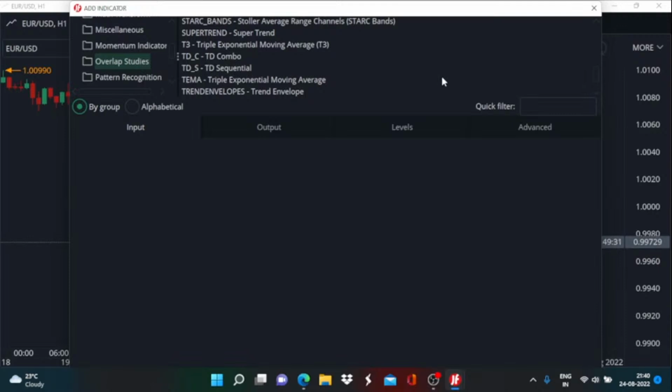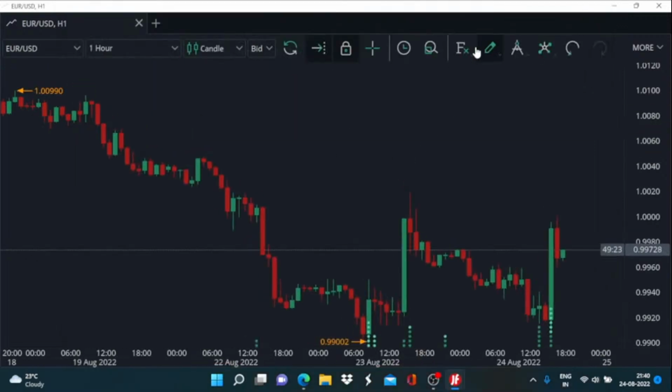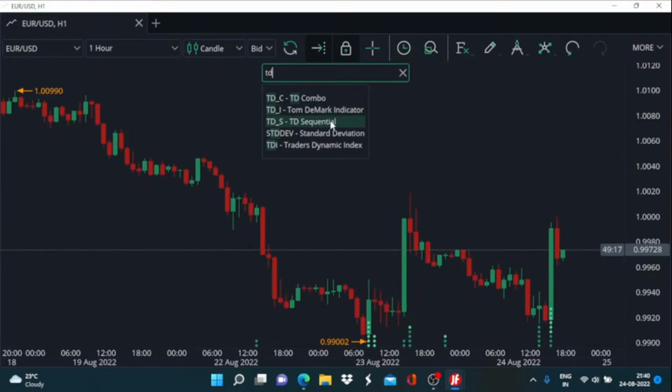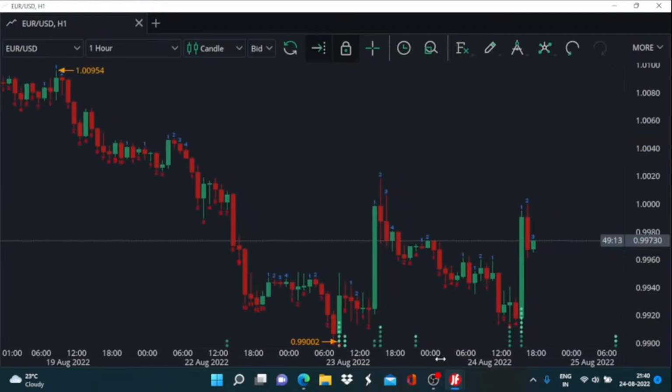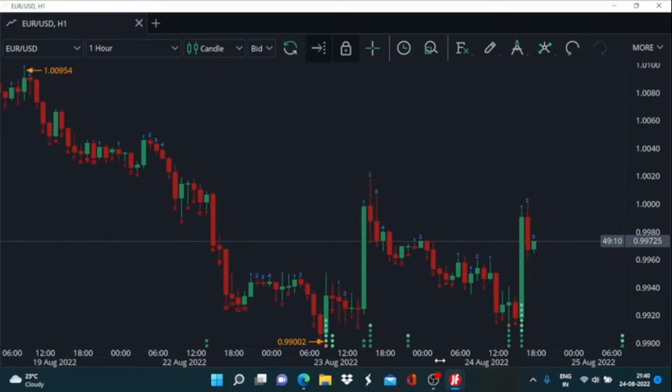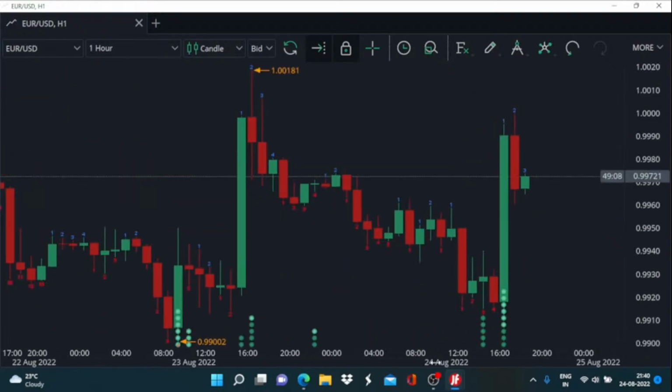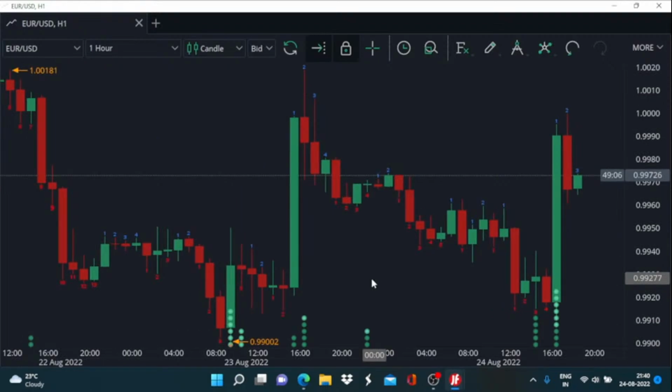What are the possible ways in which we can customize this TD Sequential indicator to get us good entry and exit points. So now I will plot it on this chart, which is the EUR/USD hourly time frame chart. All right, and I have used a zoom in of 150.